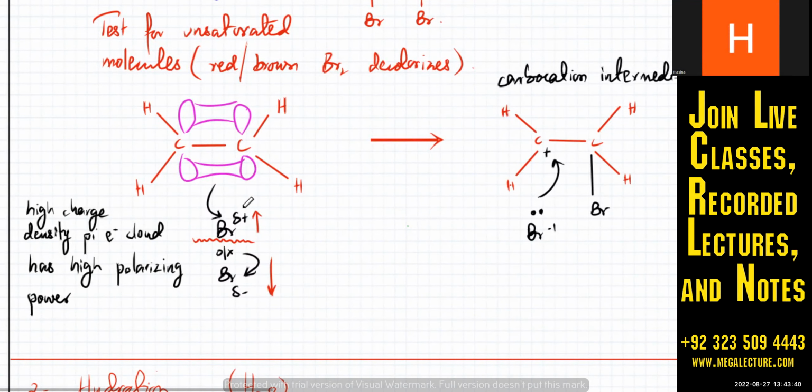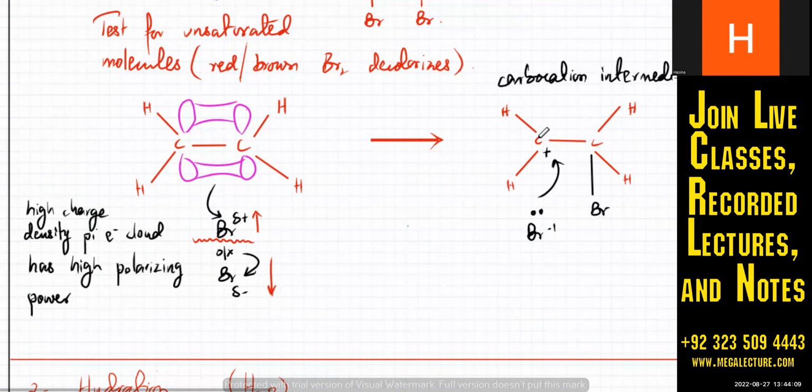And what this positive bromine does is that it attracts the high charge density pi electron cloud, and it eventually ends up bonding with it. So the electron cloud is gone, because who stole the electron cloud? A positive bromine. So the electron cloud, which was previously over here, got attracted to this bromine, right?